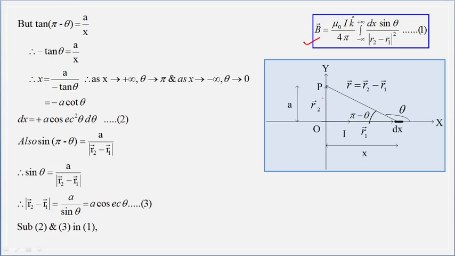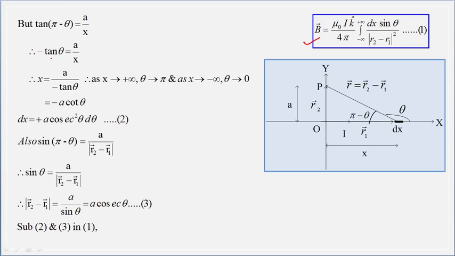Tan of pi minus theta is opposite side divided by adjacent side. Opposite side is vector r2, which we have written as A. The adjacent side is x. So tan of pi minus theta is A by x.